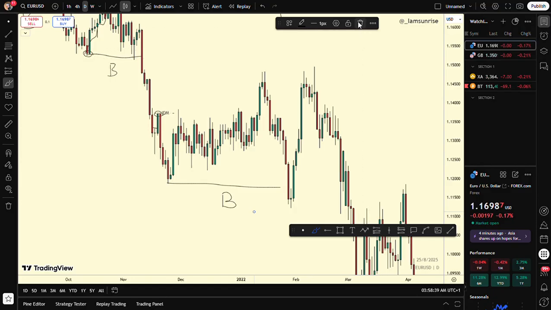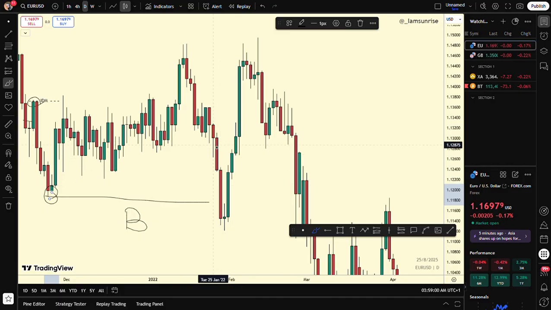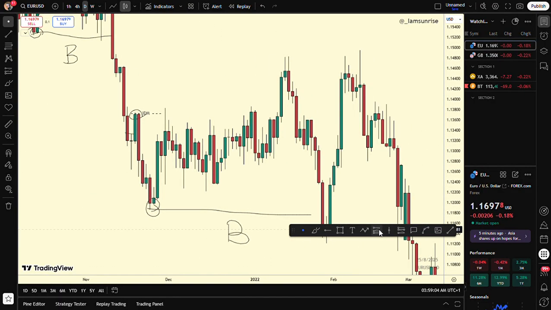Now that we have a break of structure to the downside, where would your inducement be in this scenario? Where is the valid pullback here? Looking at this carefully, there is no valid pullback here. Let's check.